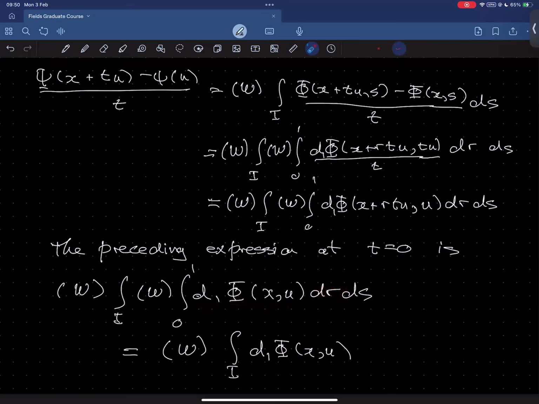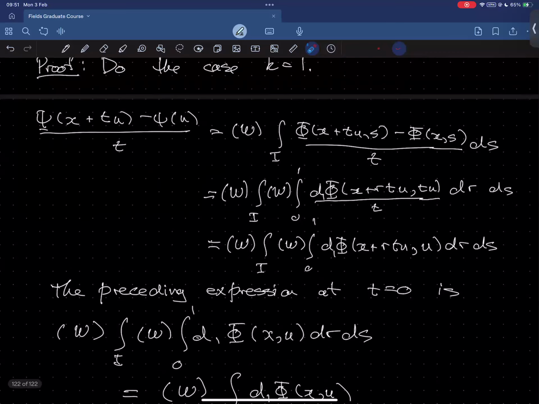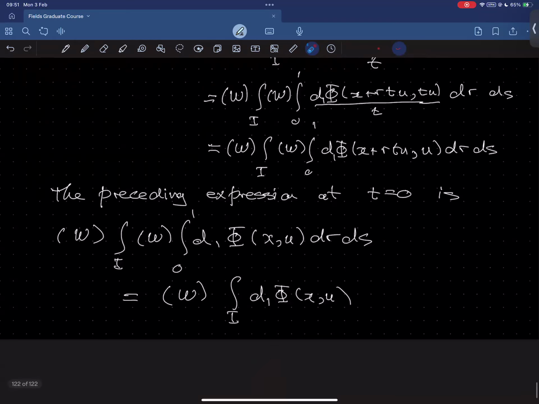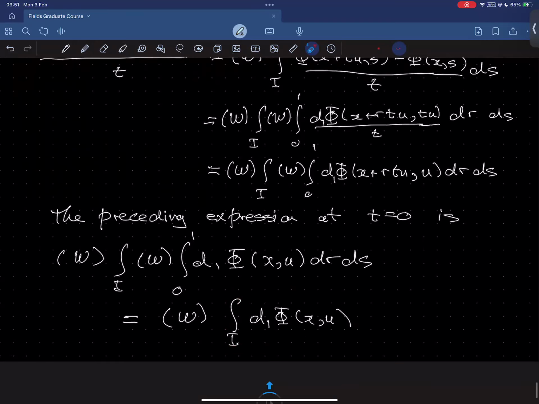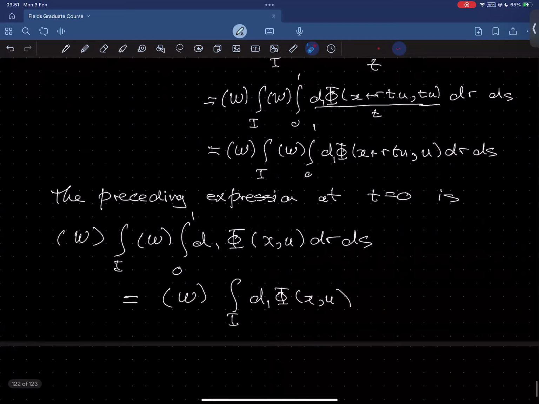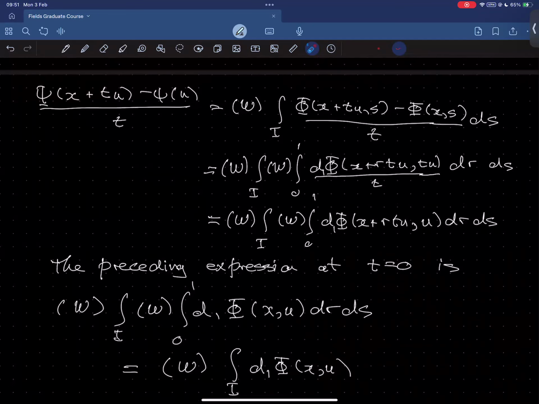And that's what we want, right? We want, as t goes to 0, this difference quotient for the integral to be equal to the integral of the derivative, and indeed it is. But I still have to show that the limit as t goes to 0 of this is equal to that.